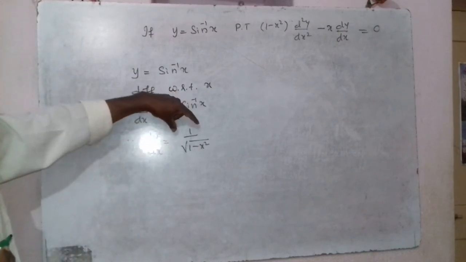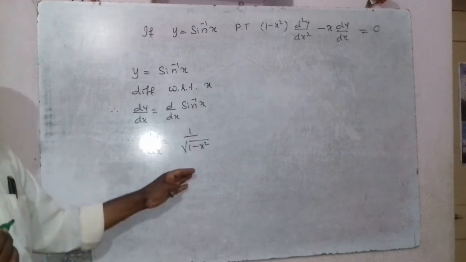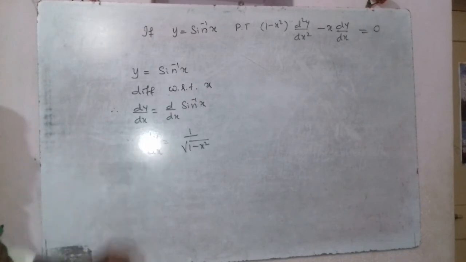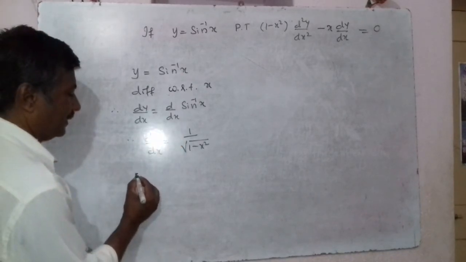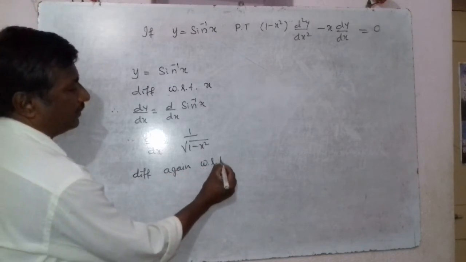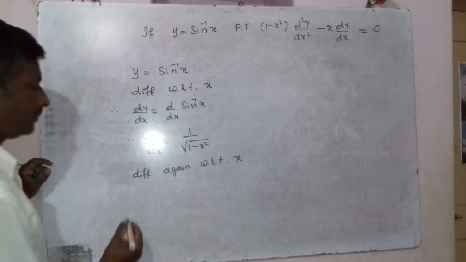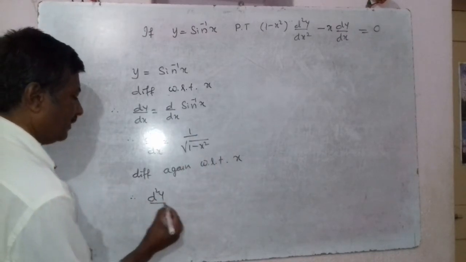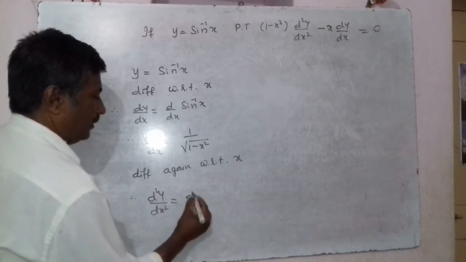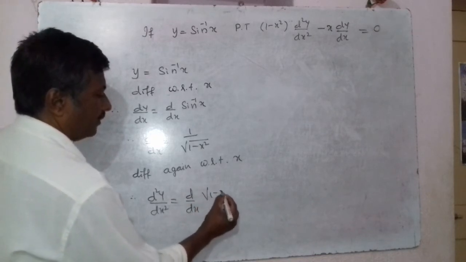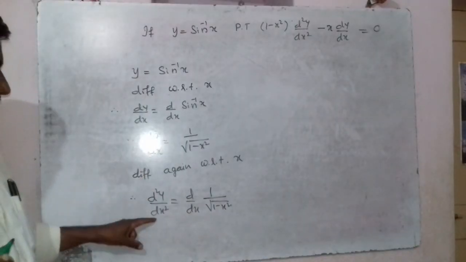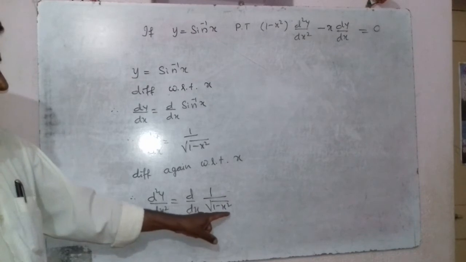You can differentiate using the quotient formula, or you may multiply this to the LHS and solve the derivative also. So differentiate again with respect to x. Therefore d square y by dx square equals d by dx of 1 upon root of 1 minus x square.